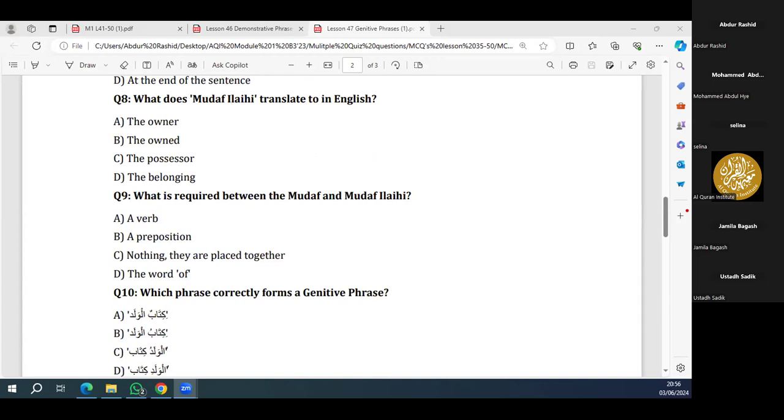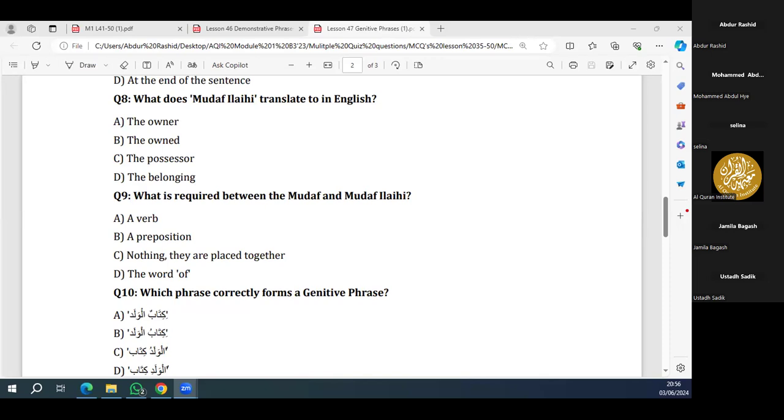Okay, I see some interesting responses. Just because of time, we've got answers A and C, some saying C, some saying A. So the example I go to straight away is Baytullahi. Bayt is not owning Allah.